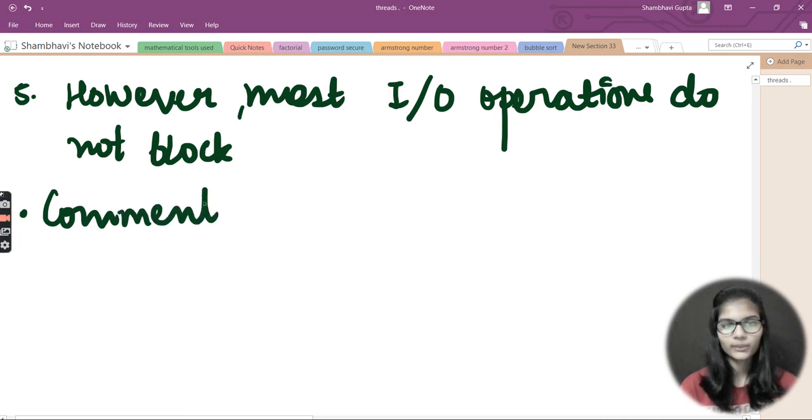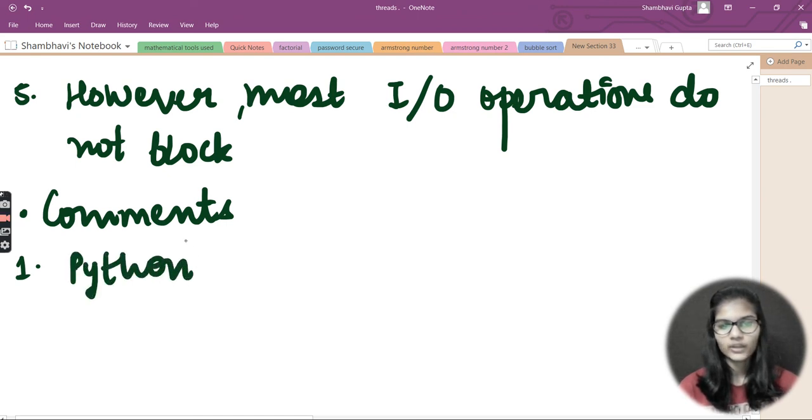Now we have just one more topic to understand in the theoretical part for the threads, and that is the comments. Let me write the things for this topic as well.